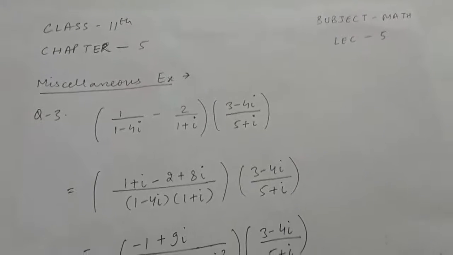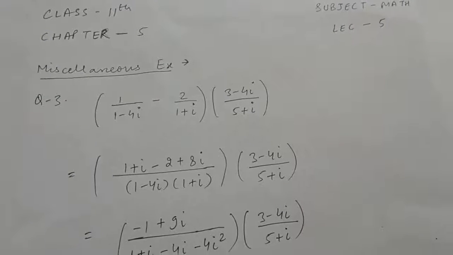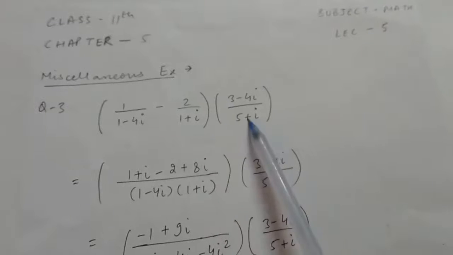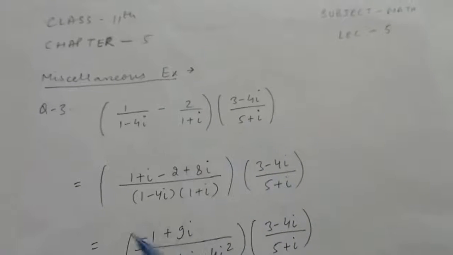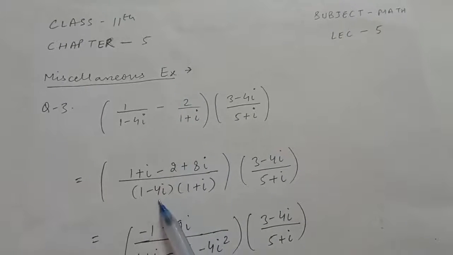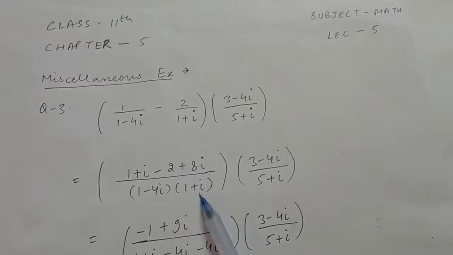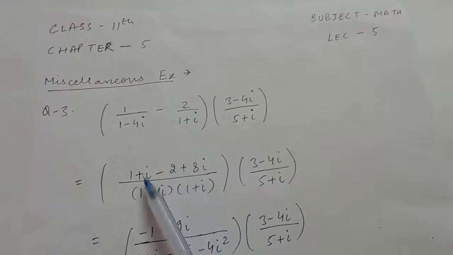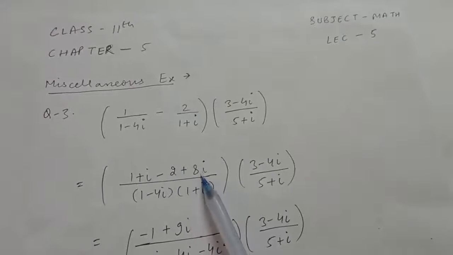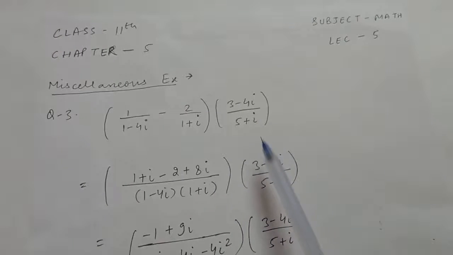In question number 3 you have to find the standard form, or a plus iota b form, of the given term. First of all take the LCM. The LCM will be (1 minus 4 iota) into (1 plus iota). In the numerator, you will get (1 plus iota) minus (2 plus 8 iota) into this term as it is.